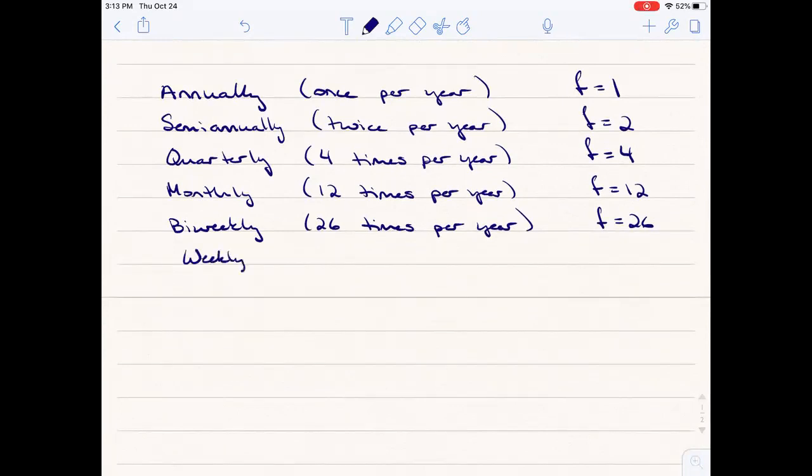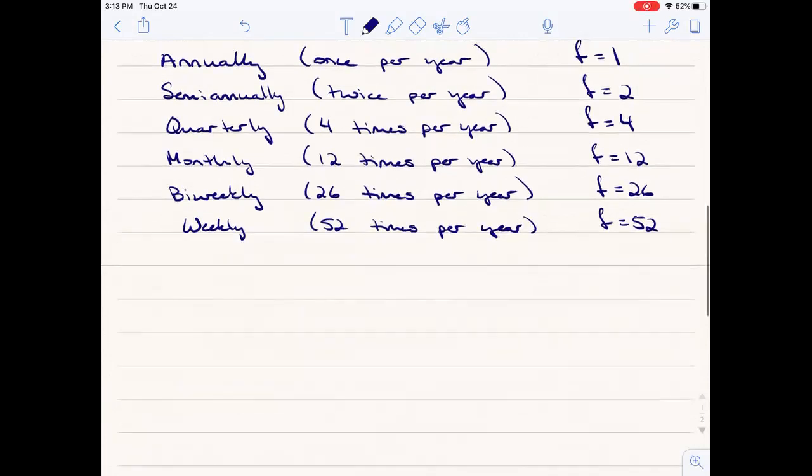And then we're back to the ones we know. Weekly is 52 times per year. So F is 52. And then we already talked about daily, right? We assume that a year has 365 days. So daily, 365 times per year.